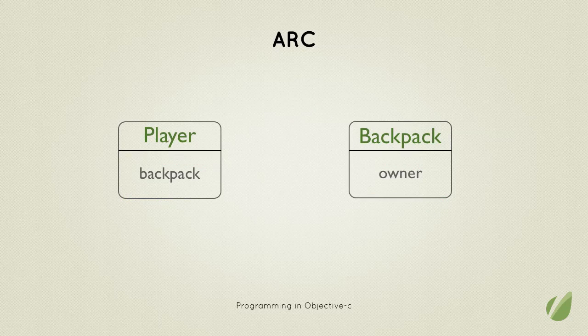Another common situation is described by this example. The object player has a property called backpack that points to a backpack object, and the backpack has a property called owner which points back to the player. In this situation, where we use two strong pointers, we get an ownership cycle where the memory can't be released.